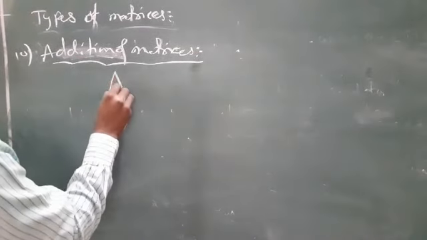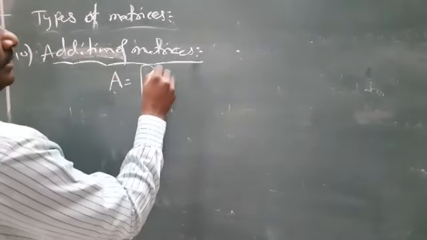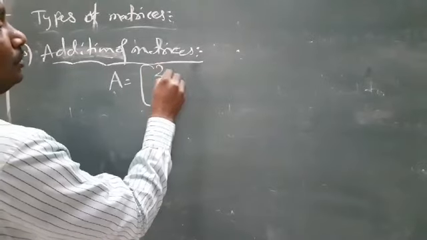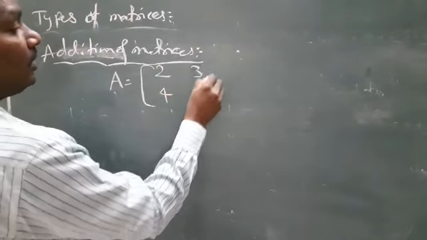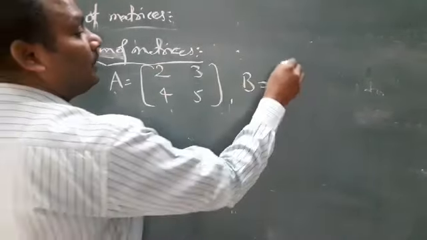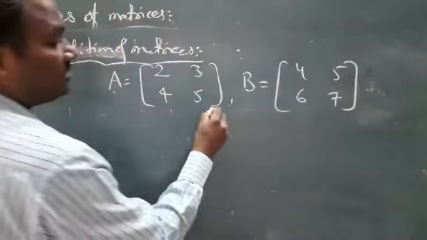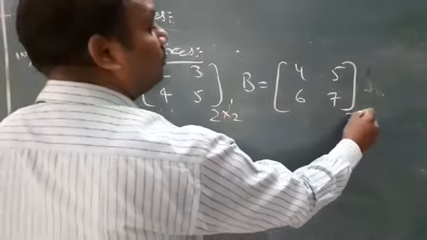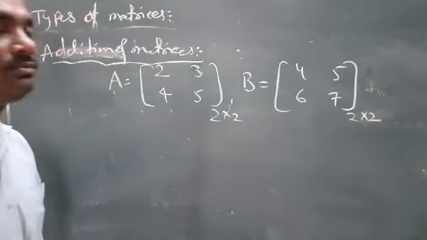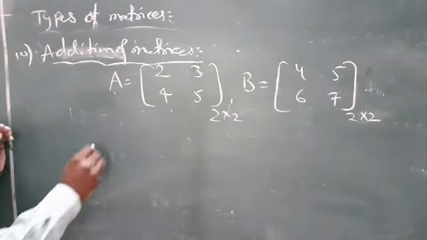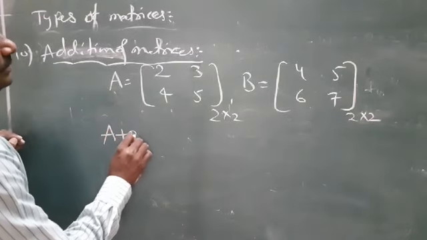You can take two matrices A with the same order: 2, 3, 4, 5, and B: 4, 5, 6, 7, with the same order, either 2 by 2. This is also 2 by 2. Now A plus B.